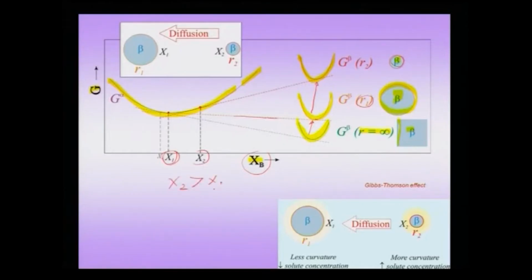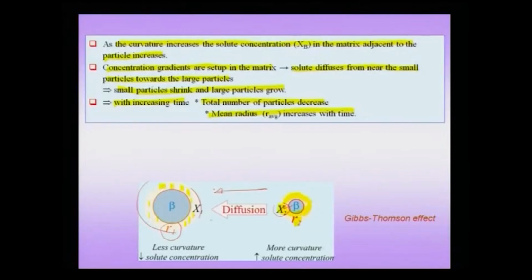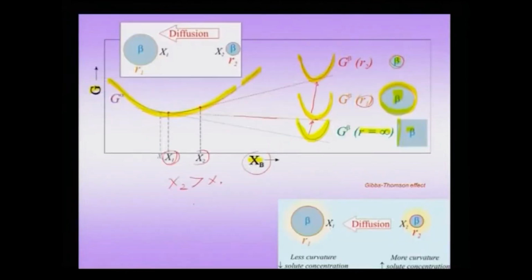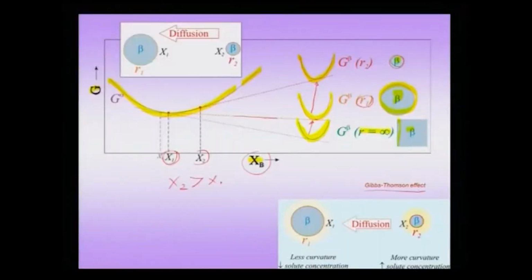This is what we started off by saying in the previous case, that there is a larger concentration of solute around the smaller precipitate particle as compared to a larger precipitate particle. Therefore, I can now clearly understand why there is an enrichment of solute around the smaller particle, and this effect is called the Gibbs-Thomson effect, which is a result of the curvature effect on the Gibbs free energy.